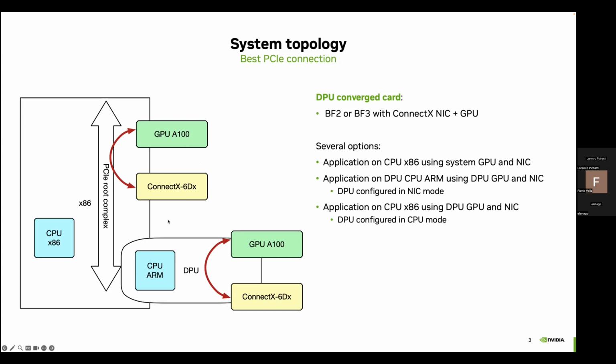Instead, if you plug a DPU converged card into your system, either running your application from the ARM cores of the DPU or from the x86 cores of your host system, you can use the GPU and network card in the fastest way possible, in the best topology possible, without worrying about anything. So this is one of the major advantages of using a DPU converged card when you are working with GPU applications.